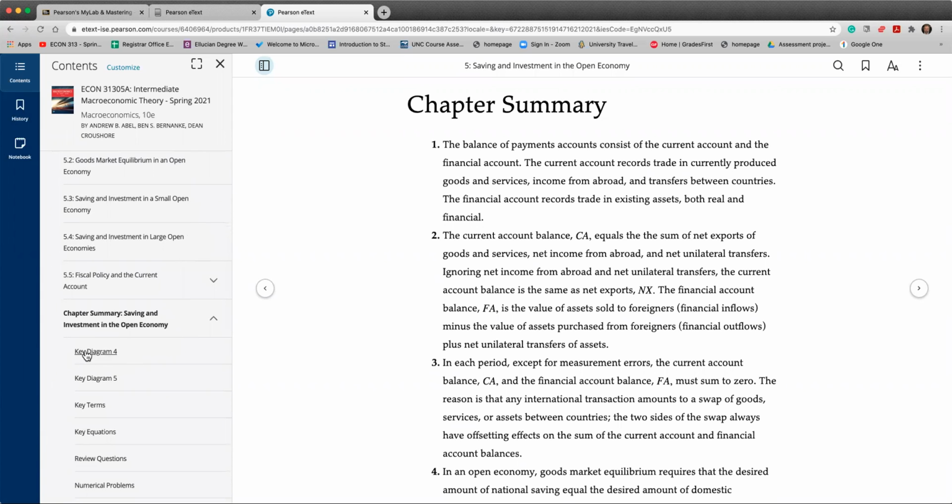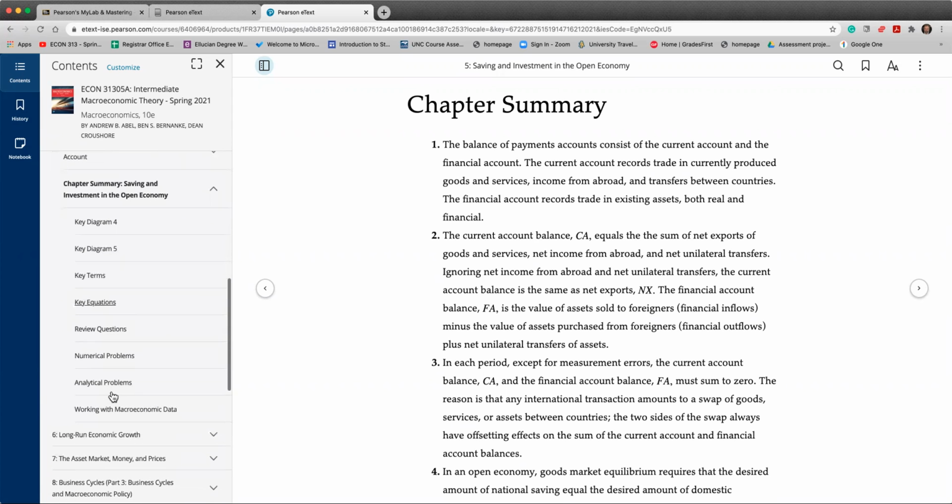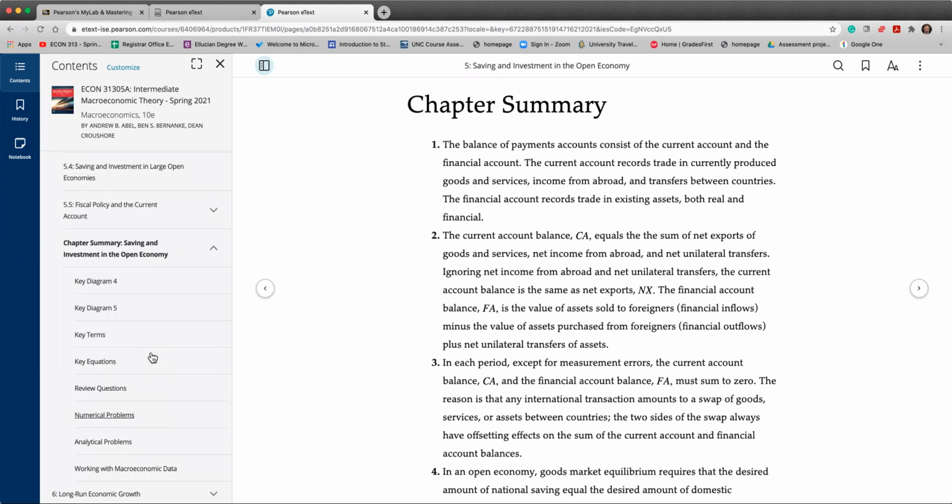I really do encourage you to look at the key diagrams at the end of each chapter, key equations, and to really get a good understanding of that. There's a summary table in this chapter as well that summarizes in one table.